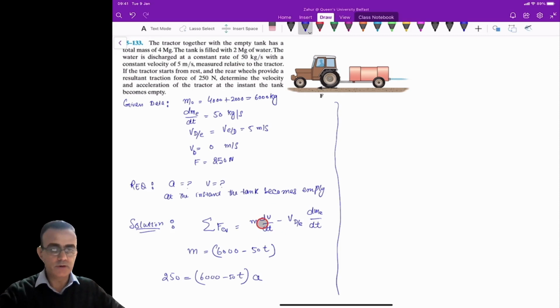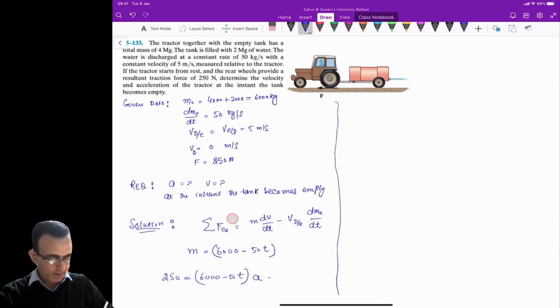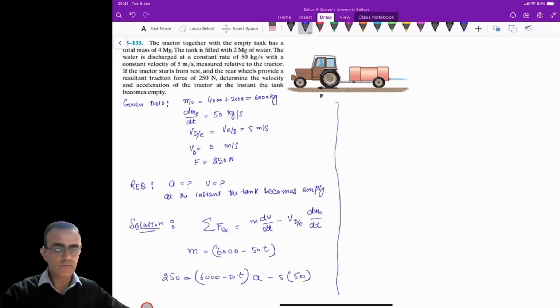So we will call this acceleration a. And then you have minus v dE, which is 5, and dme divided by dt is 50. So you have all these terms here.